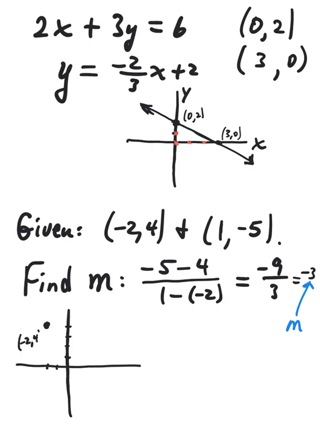The second point, 1, negative 5, from the origin, always start at the origin, right 1, down 5. So we've got our points successfully plotted.